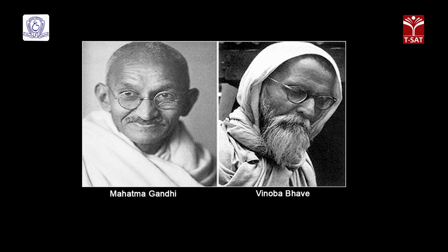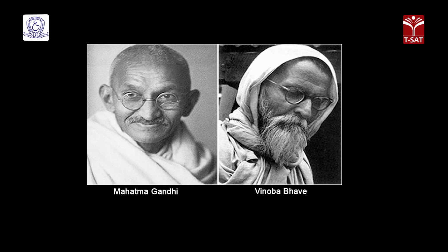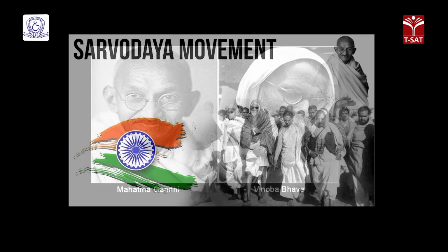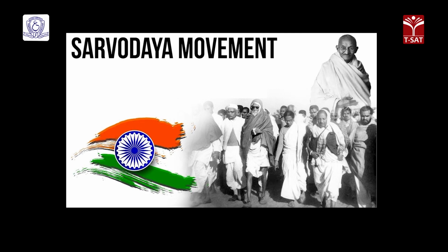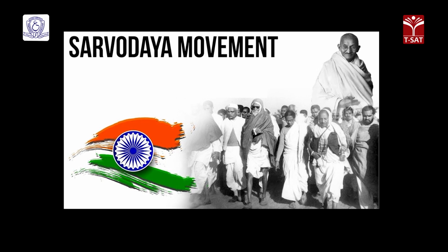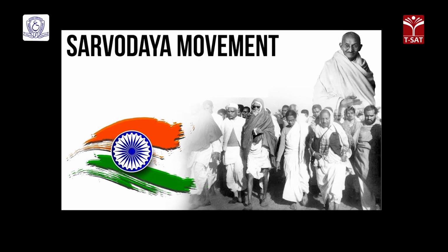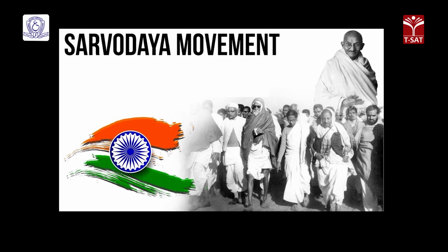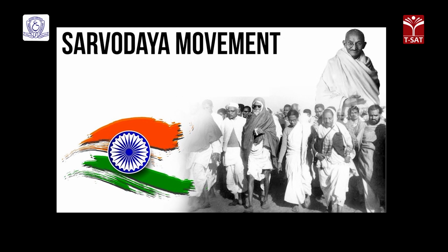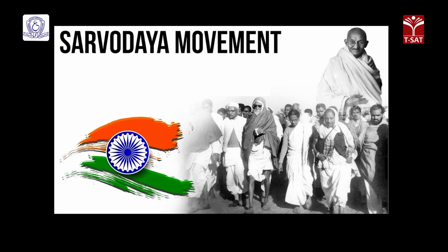Gandhiji and Vinoba Bhave were involved in a movement which sought to promote self-sufficiency amidst India's rural population by encouraging land distribution, socio-economic reforms and promoting cottage industries.